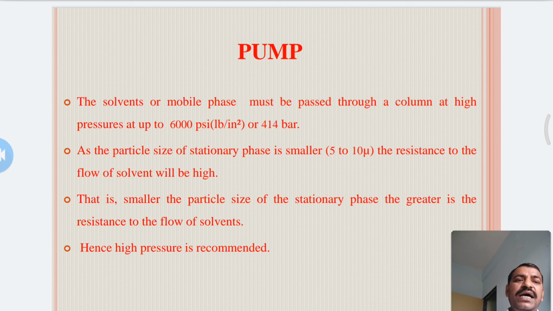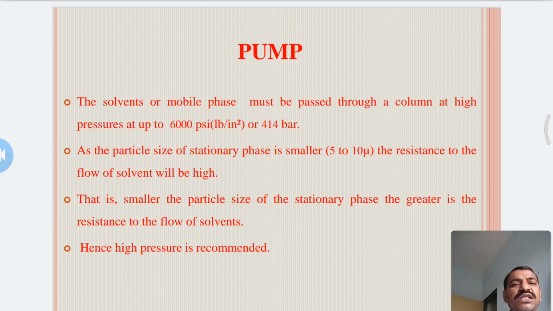We externally apply pressure to increase the flow rate of the solvent. Why is there resistance? Because the stationary phase particle size is very small, it resists the flow rate. Tightly packed columns give lower flow rates, so to increase the flow rate we use high pressure.